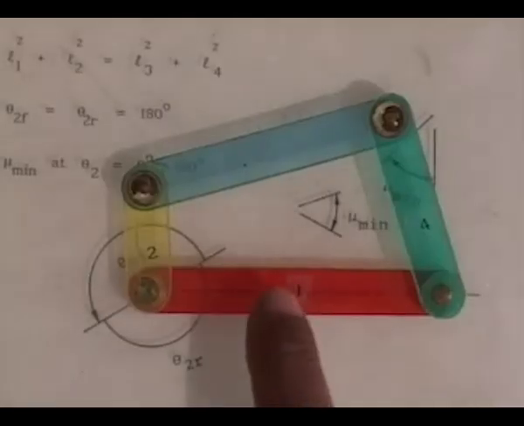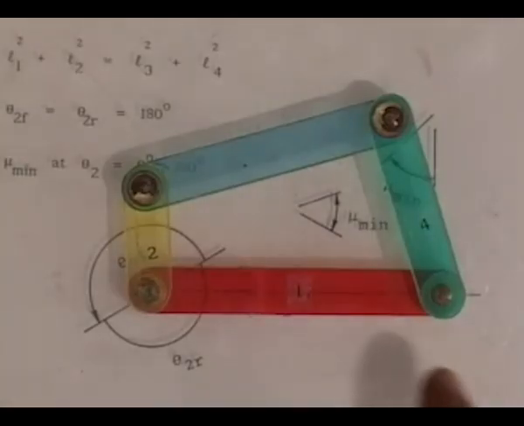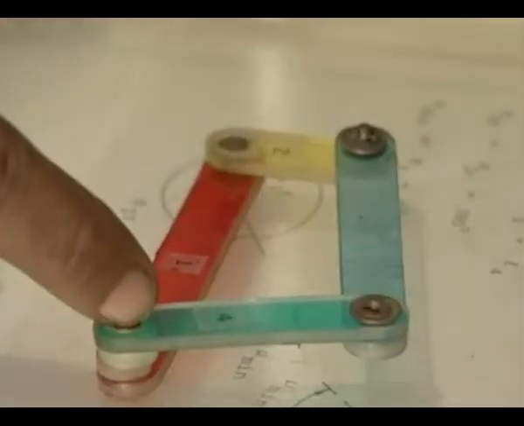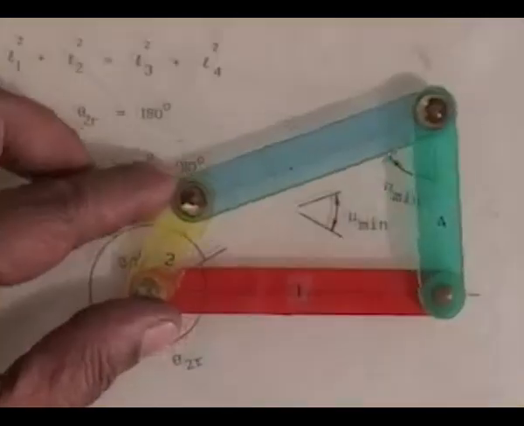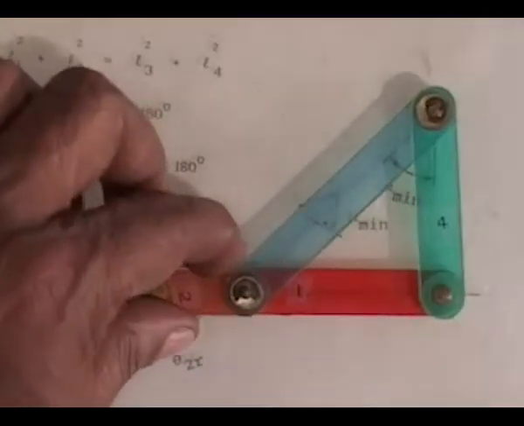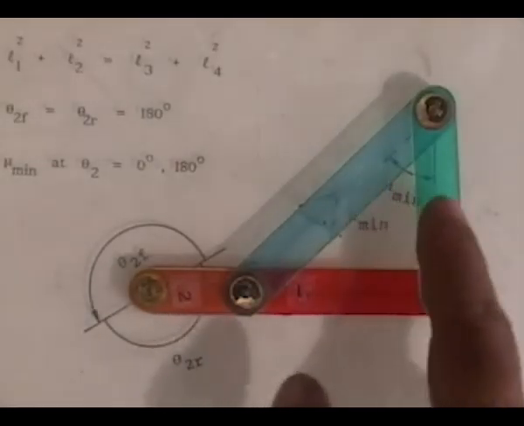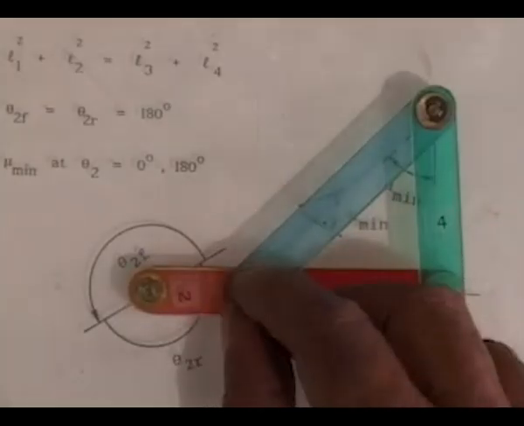We consider this model of a crank rocker linkage without any quick return effect, that is L1 squared plus L2 squared is L3 squared plus L4 squared. For such a linkage, as I told you, the minimum transmission angle occurs when the crank is along the line of frame. This angle between the coupler and the follower reaches its minimum value.